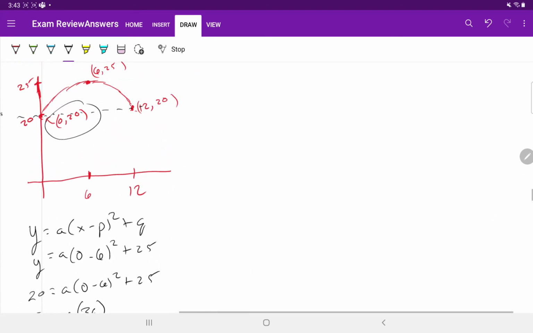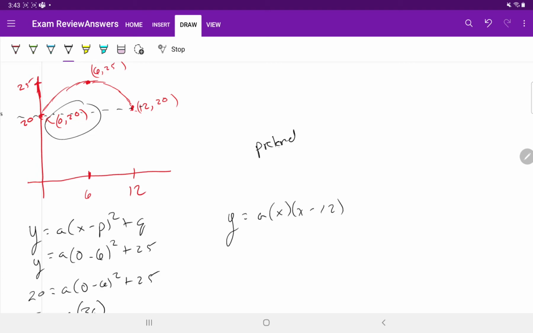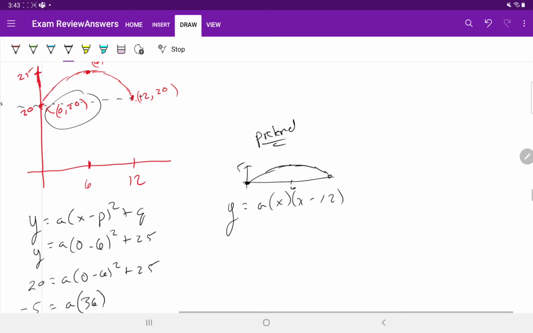The other way was for me to pretend that it's on the ground for a second. I would say y equals a times x minus 0, because it's right there at the origin, and then times x minus 12. Pretend that it looks like this, just on the ground, and that's 6, and that's 5.